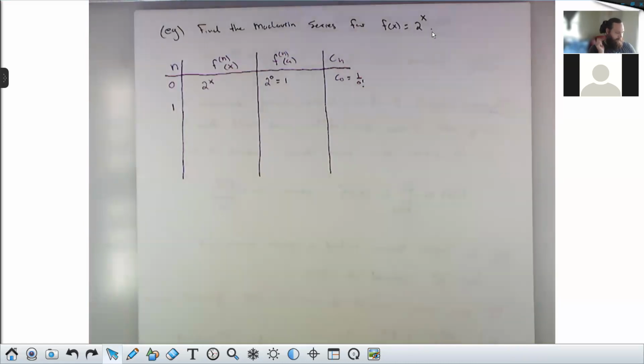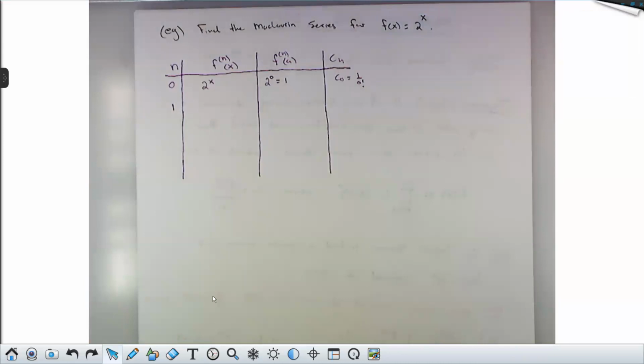Who remembers the derivative of 2 to the x? What goes here? What is the first derivative of 2 to the x? What is f prime? Very good. One correct answer, one almost correct answer.